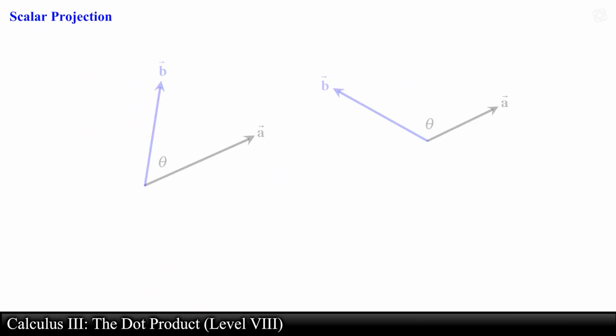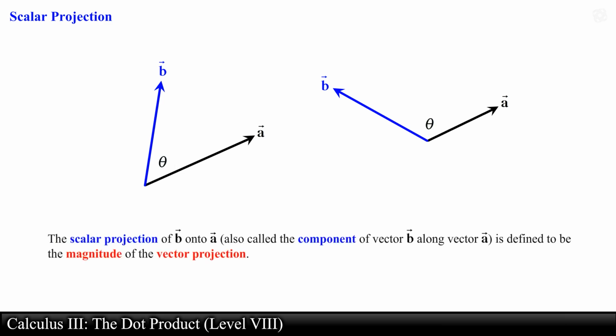Given two vectors, A and B, with the same initial point, and theta representing the angle between vector A and vector B, the scalar projection of B onto A, also called the component of vector B along vector A, is defined to be the magnitude of the vector projection.